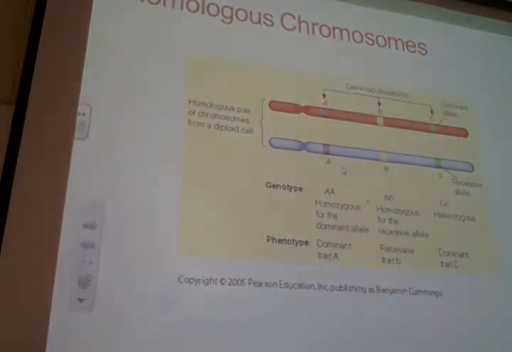So we have 2 copies of each gene on 2 copies of each chromosome. And when we have that situation, which is the situation for basically all of our body cells, that situation is called the diploid situation. We have both copies of each chromosome.